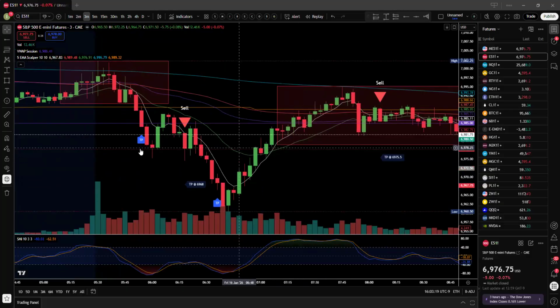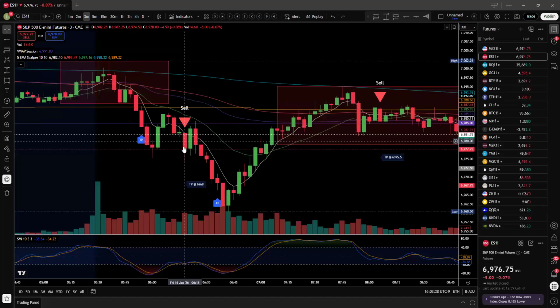Another nuance that we like to look at: we get a sell signal here. When you start looking at candles that are kind of large, and things are moving, that's one of the nuances. When the candle's large, I'm not necessarily diving into a trade as soon as this candle starts.